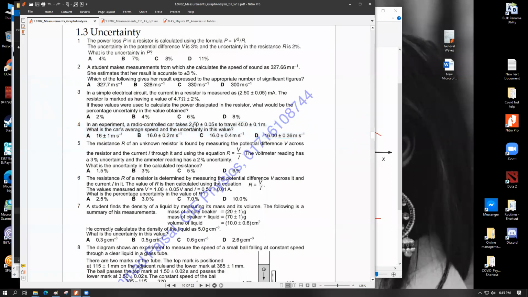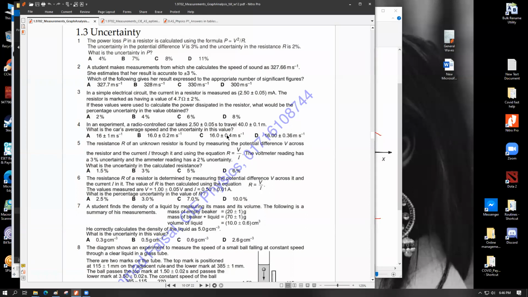Take a good look. These values that we have measured in this experiment, to what SF were these original numbers measured? 2.50, how many SF? 3SF. 40.0, how many SF? 3SF. So the final answer should also be 3SF, 16.0, not 16.00.